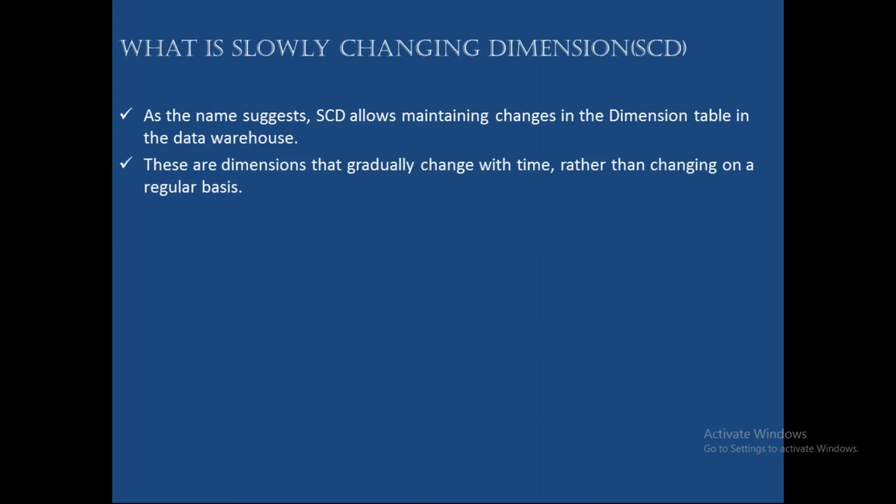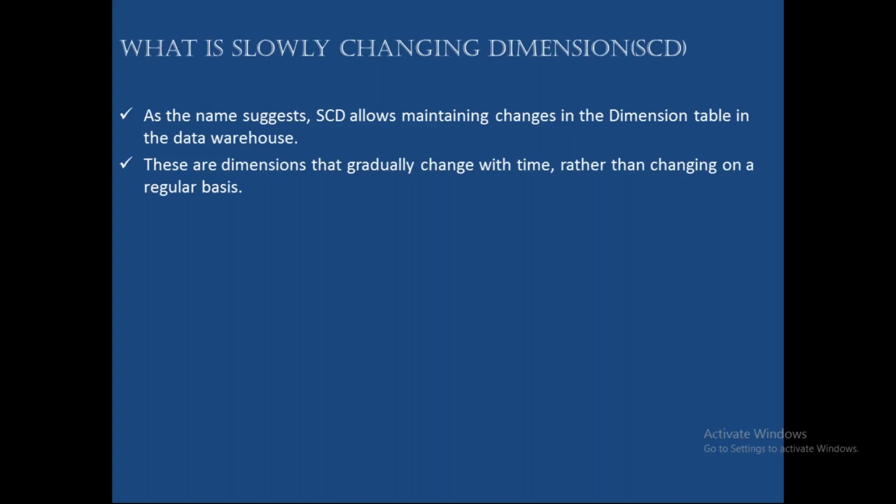Next, these are the dimensions that gradually change with time rather than changing on a regular basis. Dimension means, for example as we discussed, product, calendar, and customers. Customers are going to change their location very rarely rather than frequently, isn't it? Even an army person is going to be transferred only every 2 or 3 years, not regularly.